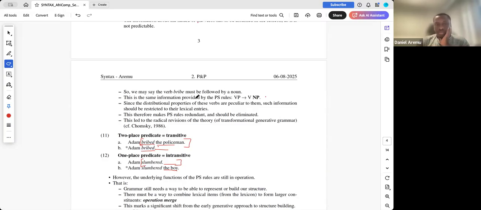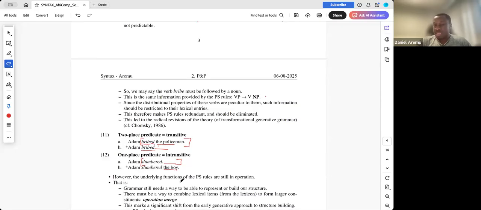Okay, so since the distributional properties of these verbs are particular to them, such information should be restricted to the lexicon entries. We can already get this from lexicon entries, and the PS rules do not need to give redundant rules, like having different rules for each of the verbs.